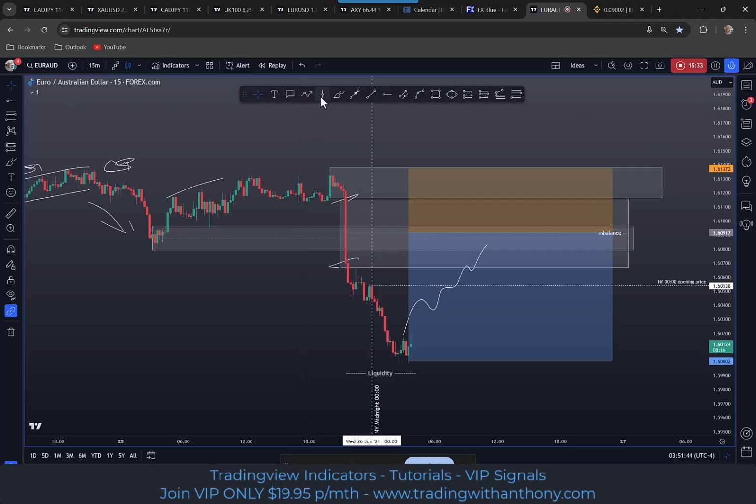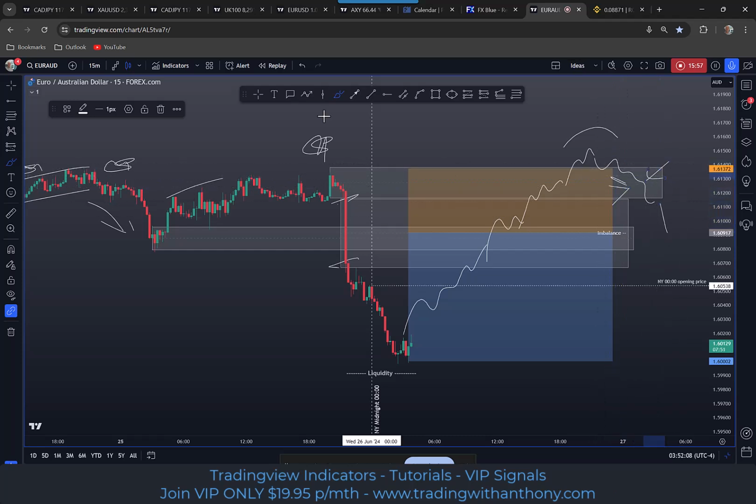So the next port of call will be these buy stops. It doesn't rotate at this imbalance, it doesn't roll over at this order block, it's still going. That's my next port of call. And then you want to see the break of market structure here and enter short.